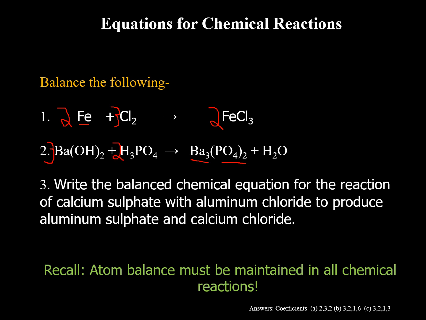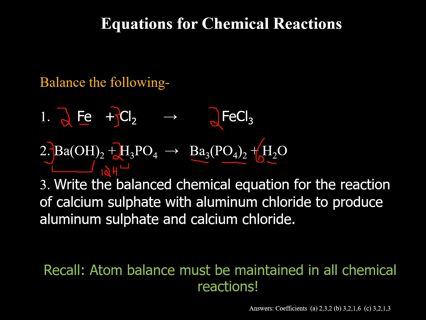And let's see what happens in terms of the hydrogens. We have 6 hydrogens plus another 6 gives us 12 H's on the left. We have 2 hydrogens from the water, so let's add a 6 to give us 12 hydrogens on the right. So the coefficients going from left to right would be 3, 2, 1, and 6.